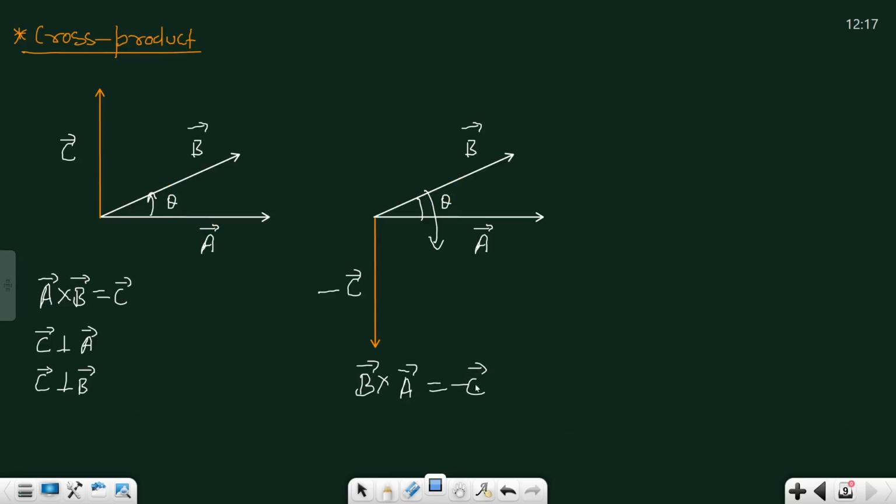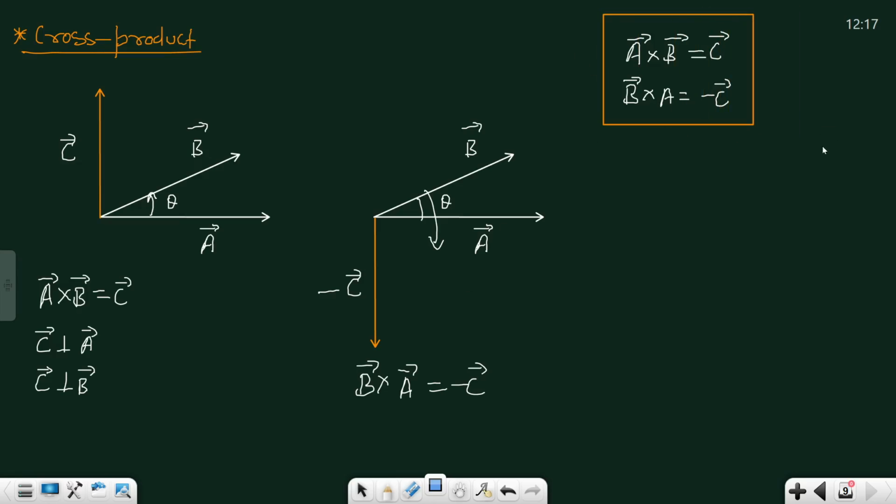Okay, clear? So A cross B is C vector, and B cross A is minus C vector. Understood? Clear? Any doubt? Chalo.